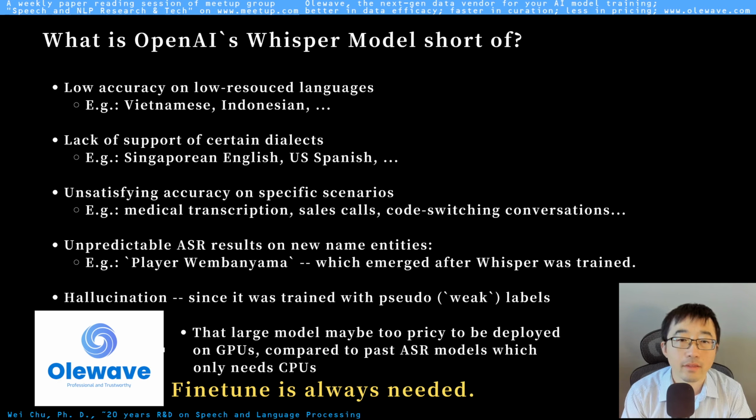Also, for certain specific scenarios, the accuracy is not satisfying. For example, medical transcription with medical terms, sales phone calls with brand names and entity names, and also code switching conversation, for example, like I mentioned, the US Spanish. European Spanish and Latin American Spanish are different, but also if you look at the US, when the Latinos are speaking Spanish, they have lots of English words in it.